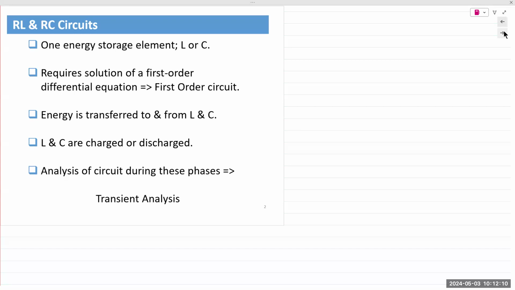Now, because these are energy storage devices, they all are dependent on time. So one energy storage device requires solving a first order ordinary differential equation. Because it's a first order differential equation, we refer to it as a first order circuit. Okay. Thankfully, greater minds have come before us and have already solved this equation, so we don't have to.